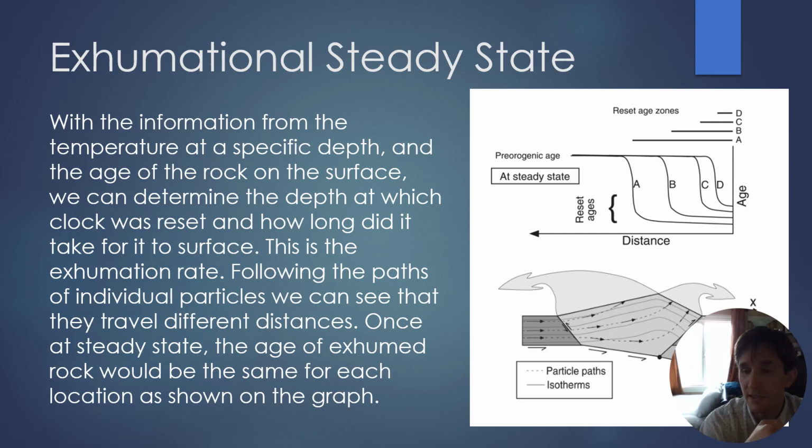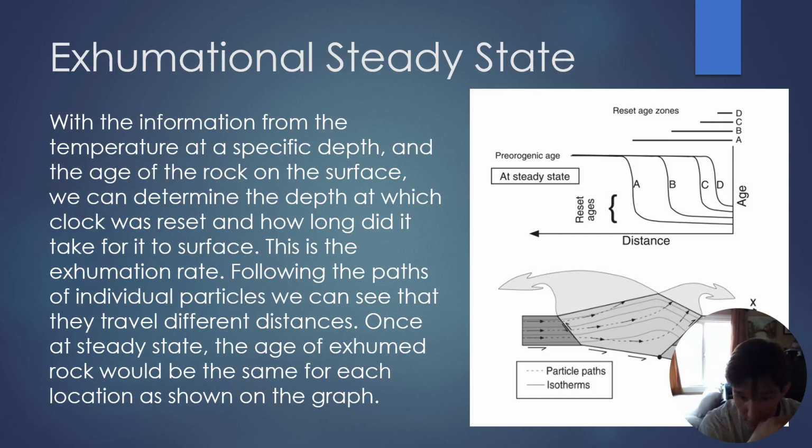But then, knowing that, we can also see that at a different point of a mountain range, we might have different exhumation rates by checking these thermochronometers. For different rocks we might find different thermochronometers, but if we date them and they come out at the same date, it means that from whatever depth the clock was set to the surface passed the time that the rock was dated to.